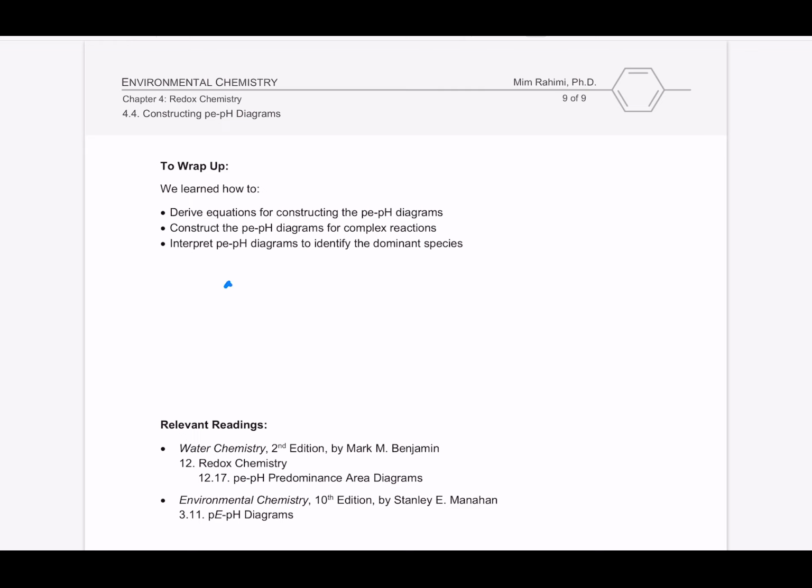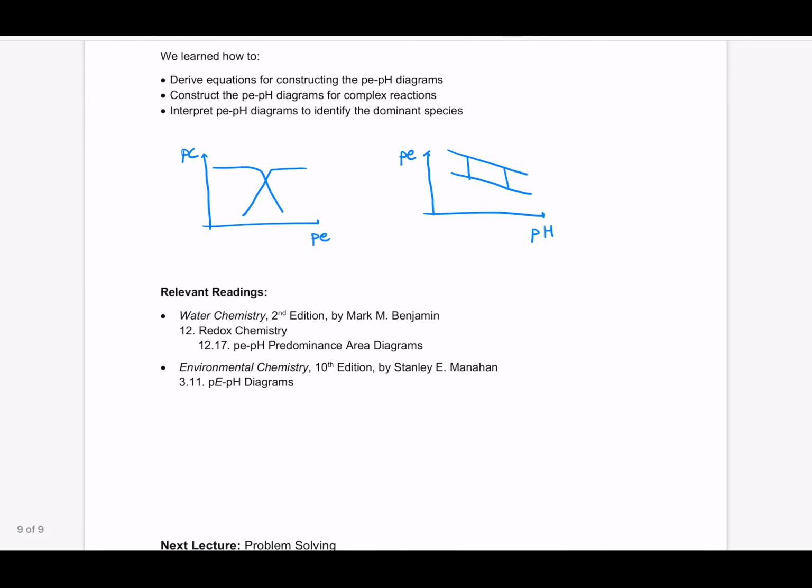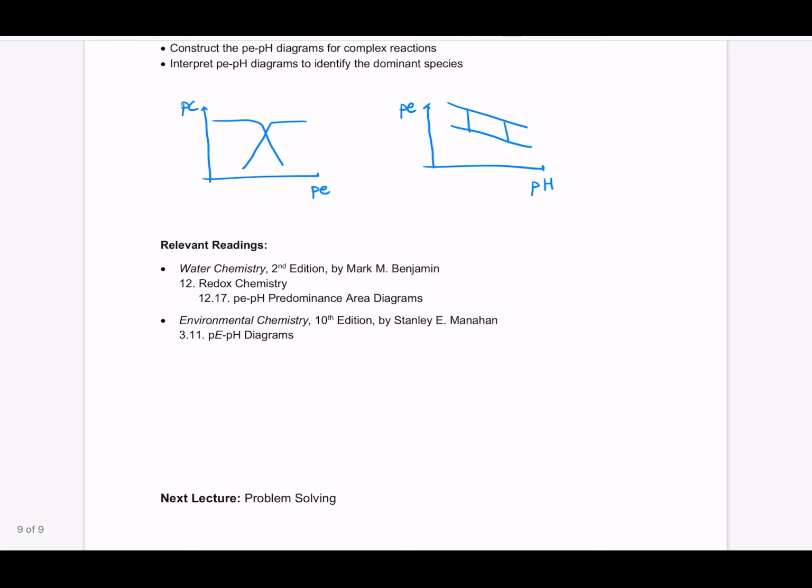The minor difference from the previous part, which was pH or pe, was that we had the exact concentration for a given pH, but now for pe-pH, we have lines and dominant zones that give us the information about what is the dominant species there. And as mentioned, the next lecture would be on problem solving for chapters 3 and 4.